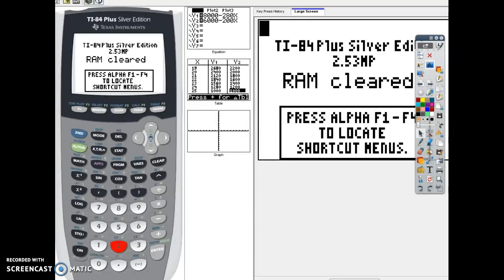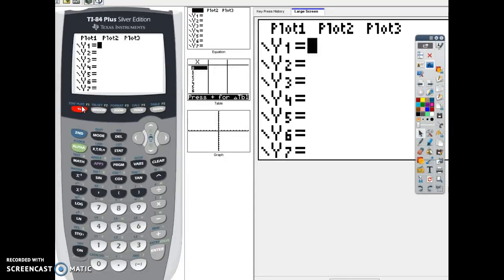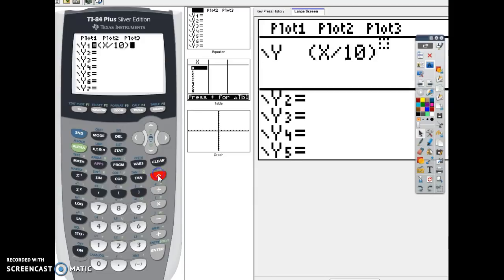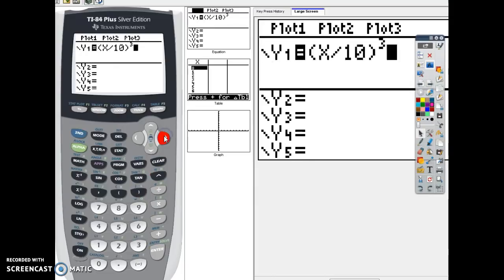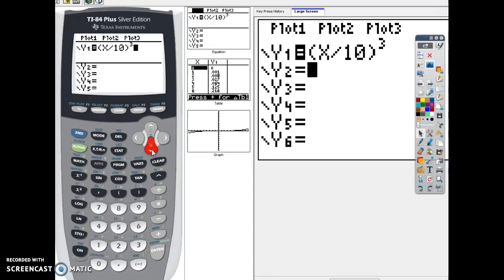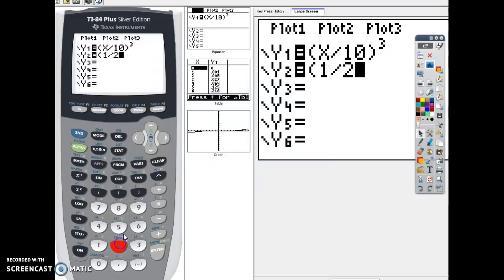Go to y equals. The first equation, parentheses x divided by 10, close parentheses, to the power of 3. Okay. And then the next one is 1/2 in parentheses, because it's a fraction.